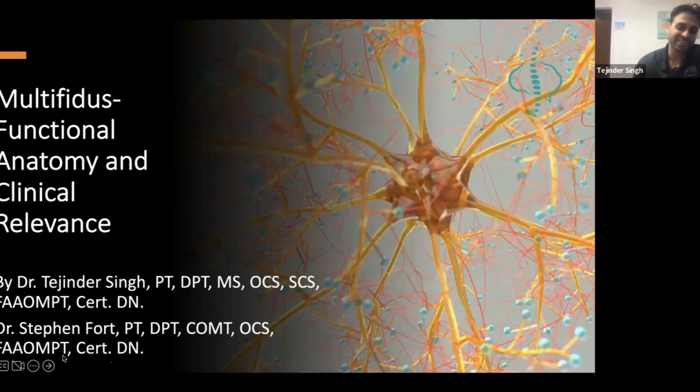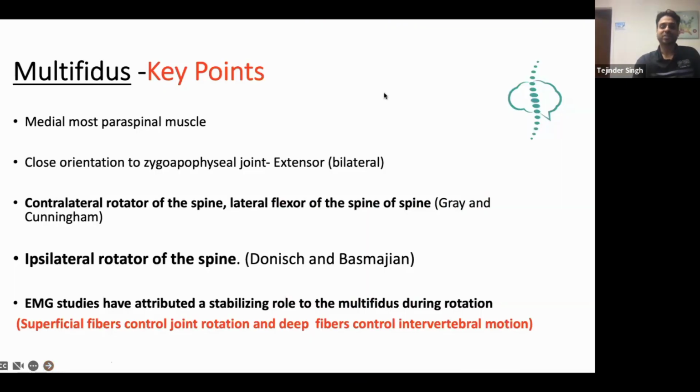Okay. So let's talk a little bit about key points on why multifidus is interesting to us as a therapist. I'm going to bring up a skeleton so it makes more sense.